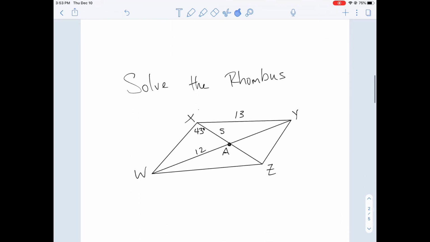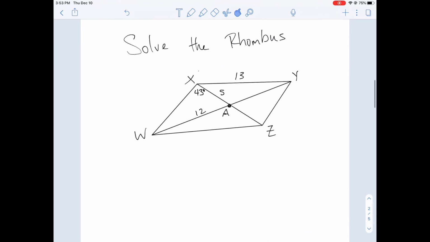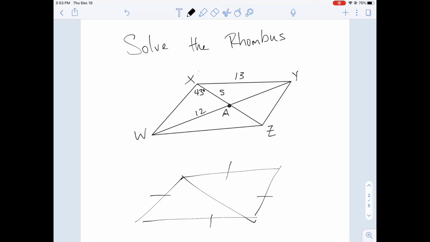So let's look at the rhombus. Solve this rhombus. Okay, well, I remember Mr. Hunter says draw the dang thing. So rhombus, all four sides are the same. Diagonals bisect, and meet at 90-degree angles.